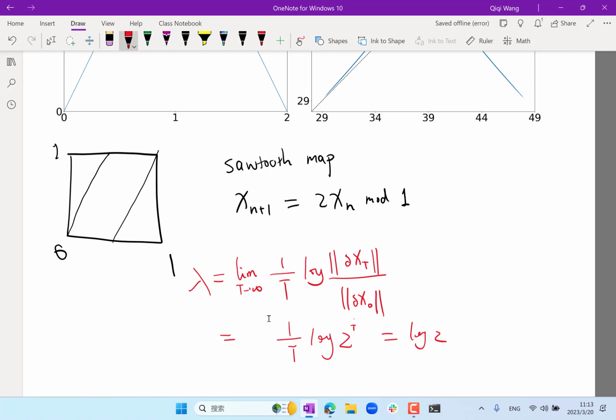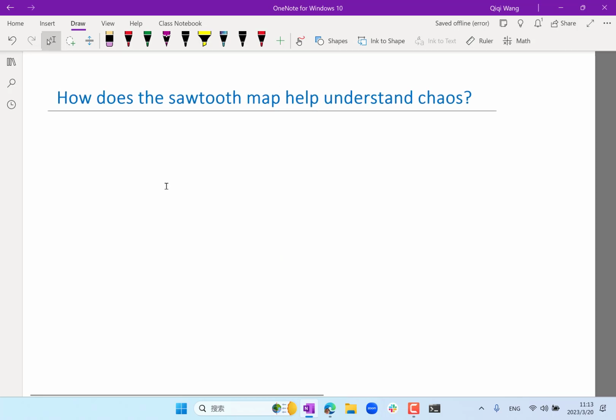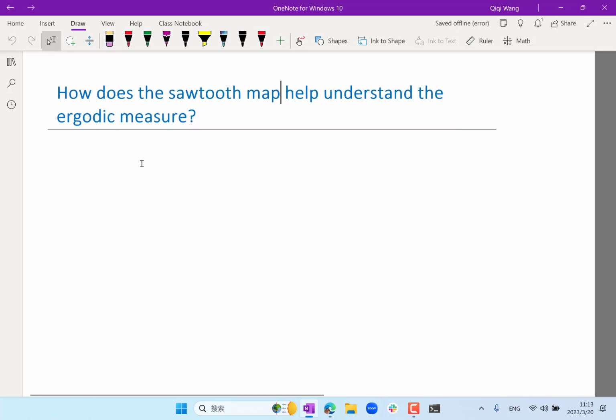All right, good. So this is the simplest chaotic system we can come up with, and the first part of the lecture is going to be using this chaotic system to illustrate a few simple concepts. So how does the sawtooth map help understand the ergodic measure? Remember, what is the ergodic measure?